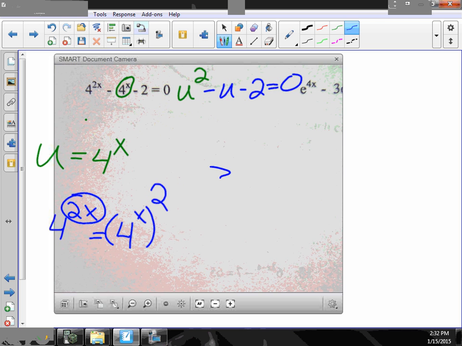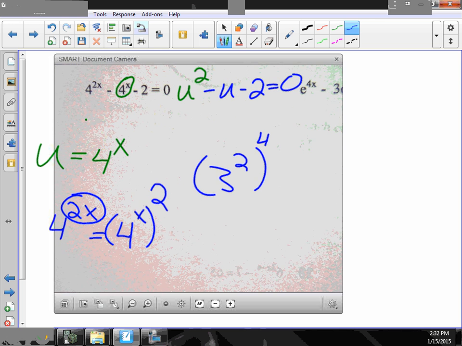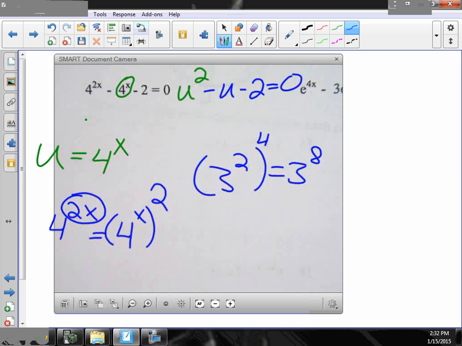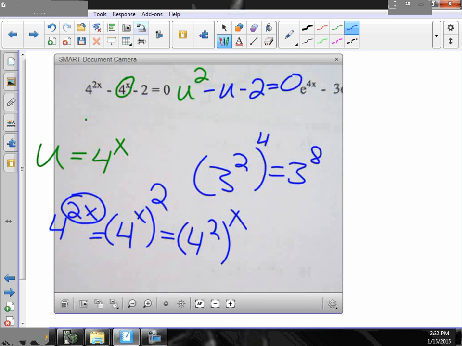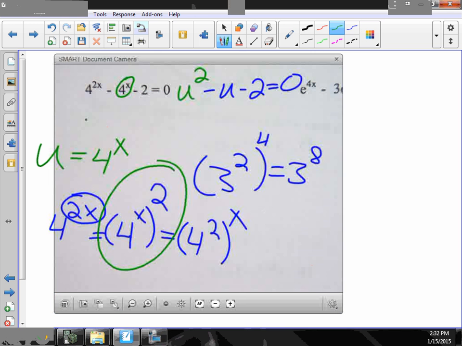Because if I had 3 squared to the 4th, isn't that just 3 to the 8th? Which is the same thing, oddly, as 4 squared to the x. But this is the one we rely on, because I said this is u, and then I squared it.